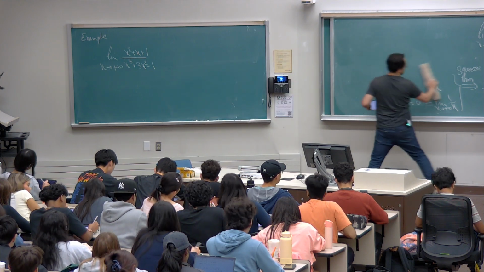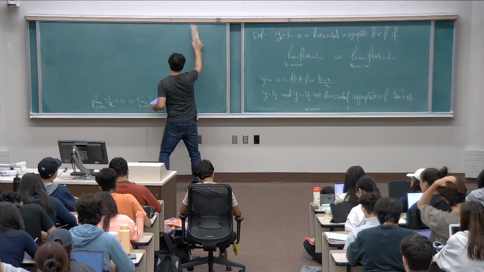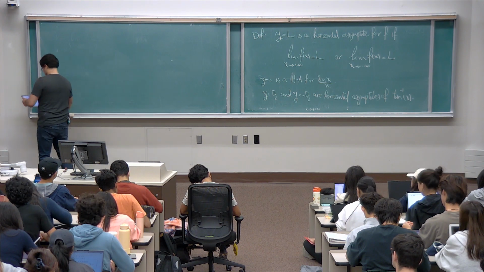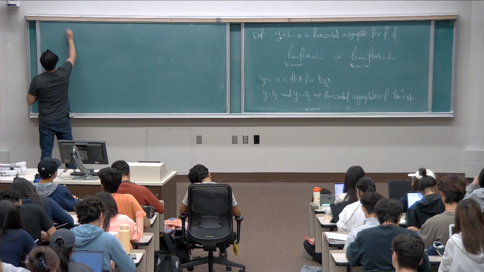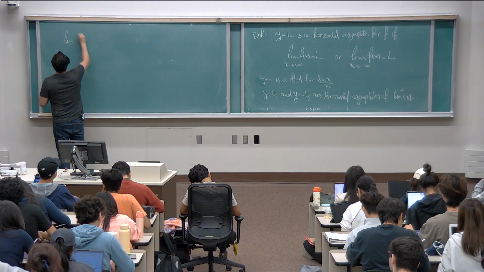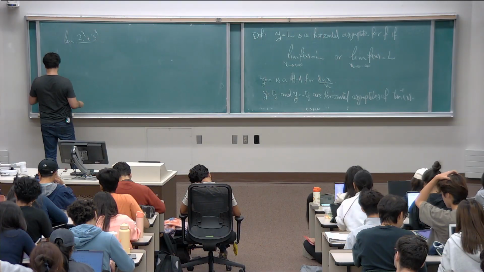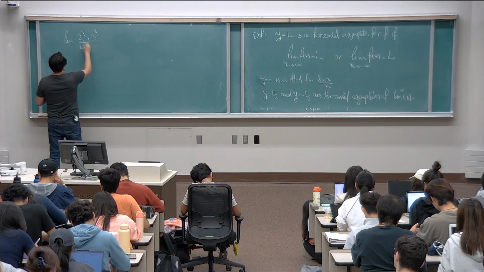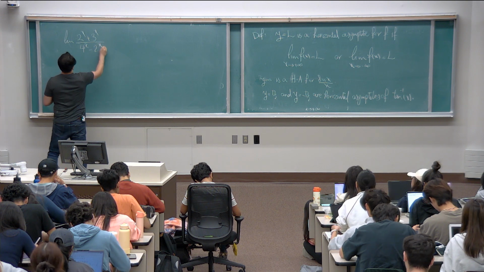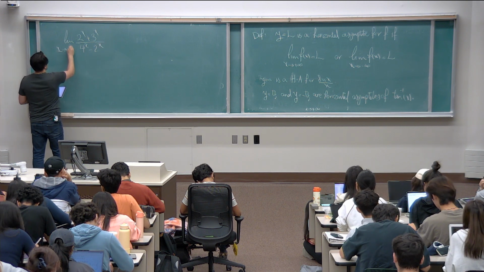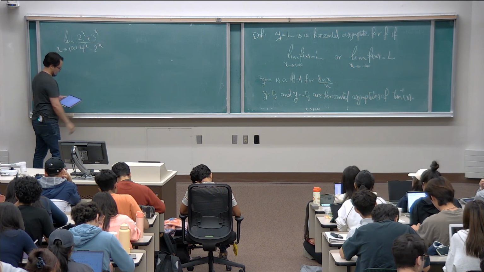Also, the limit of 2 to the power x plus 3 to the power x over 4 to the power x minus 2 to the power x as x approaches plus infinity.